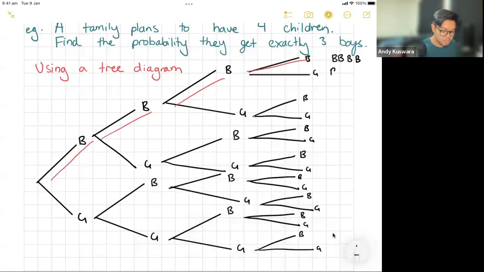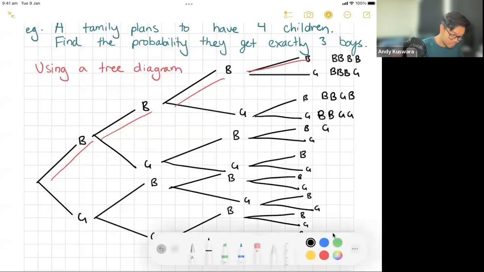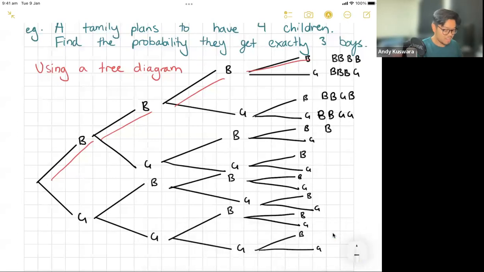This would be B, B, B, G. This would be B, B, G, B. This would be B, B, G, G. And hopefully you're getting the idea here. It goes all the way down. Here it'll be boy, girl, boy, boy, and so on and so forth.